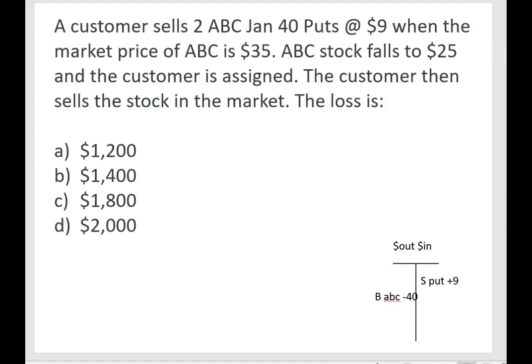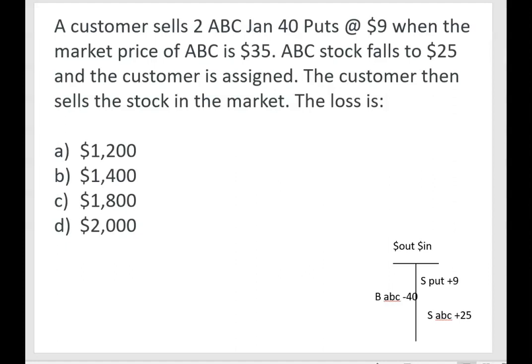Well, what's the market price? Market price is now $25. So we're going to sell ABC for plus 25. So a total of $40 went out, and a total of $34 came in, right? Am I doing my math right? 40 went out, and yeah, $34 came in.